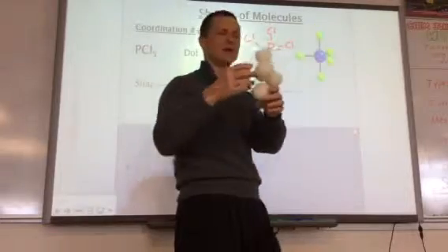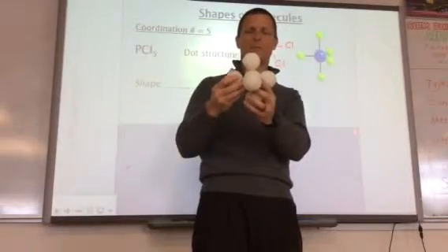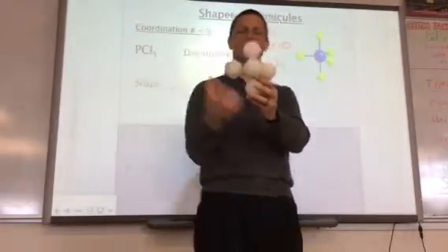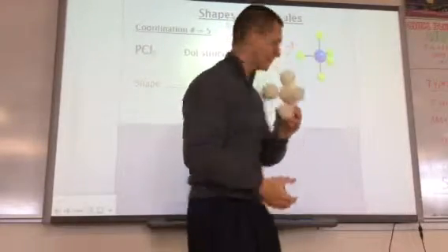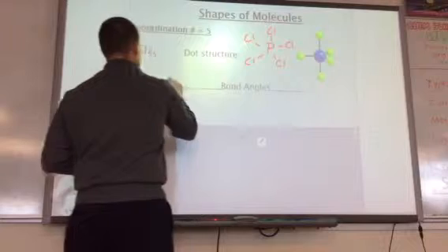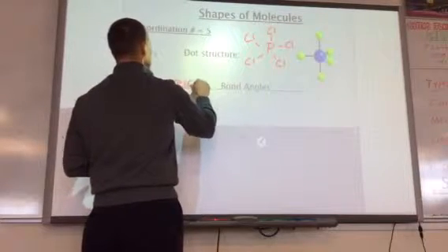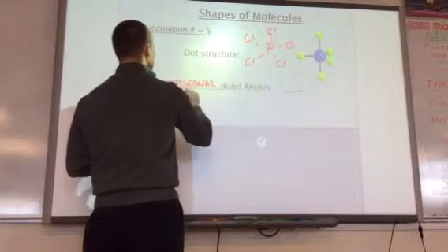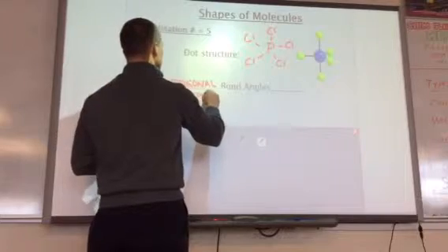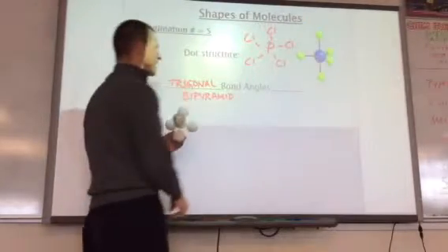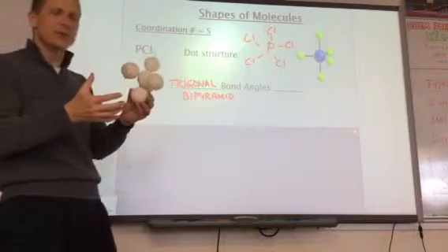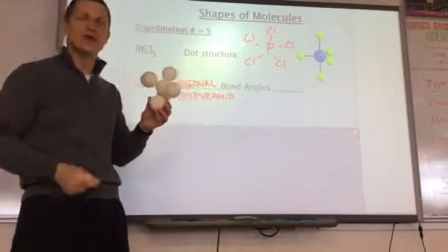And that's what we have here. I haven't made a perfect model of this thing, but yeah, we got a pyramid above and a pyramid below, upside down. Trigonal bipyramid. So that's the shape we're going to have if we have a coordination number of 5 in the central atom and there's no lone pairs on it.